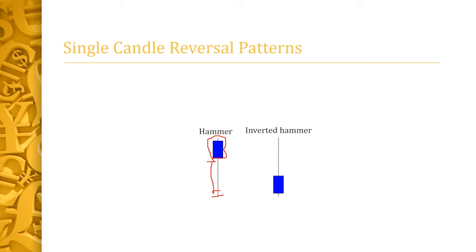And the third rule for the hammer is that it should have no or a very short upper shadow or upper wick. As you see here, this candle had a little bit of a wick, but that is not a lot of wick, so that's okay. And even better if it has a shaved head or no wick at all at the upside.